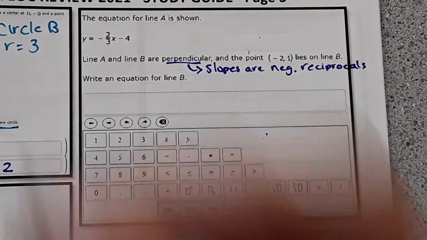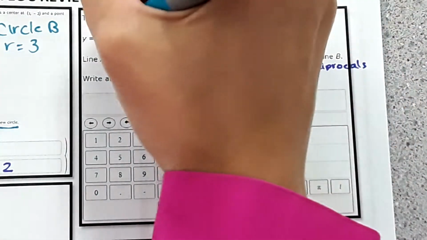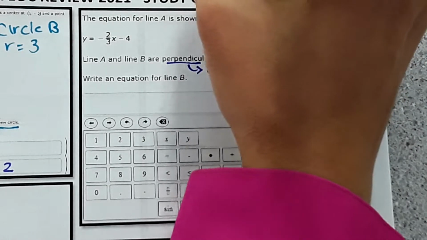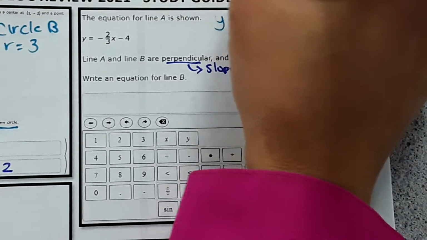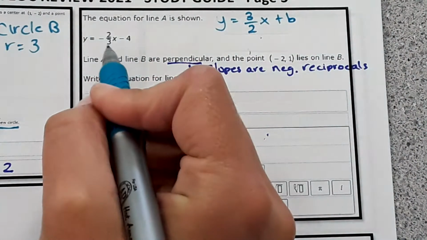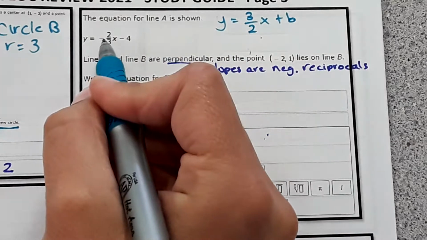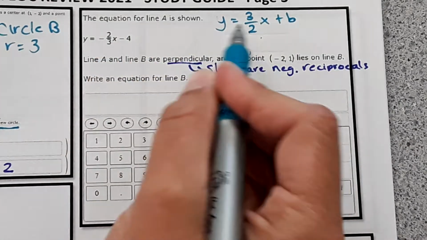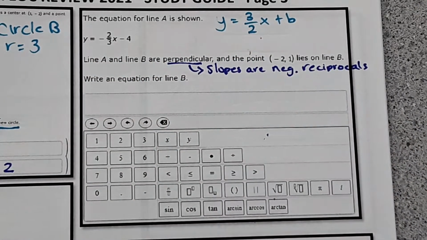So for our equation of a line perpendicular to this one, our slope will look like this. Y equals positive 3/2 x plus b. So this gets flipped to be 3/2, and it's the negative reciprocal, so the opposite sign would be a positive 3/2.